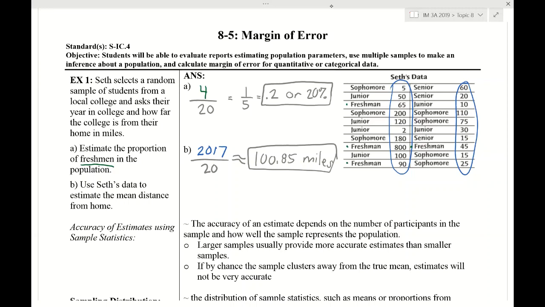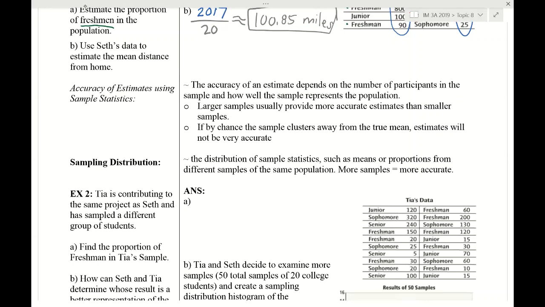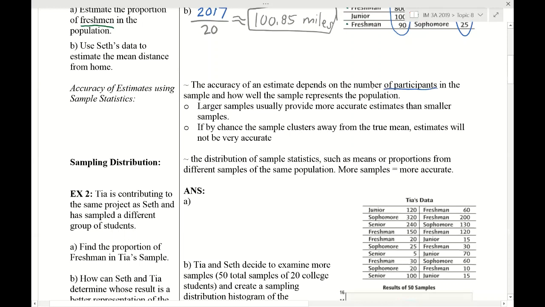So the accuracy of estimates using sample statistics. The accuracy of an estimate depends on the number of participants in the sample and how well the sample represents the population. So it's not just that the bigger my sample is, the better my sample is; the more representative of the actual population, the better my sample is.